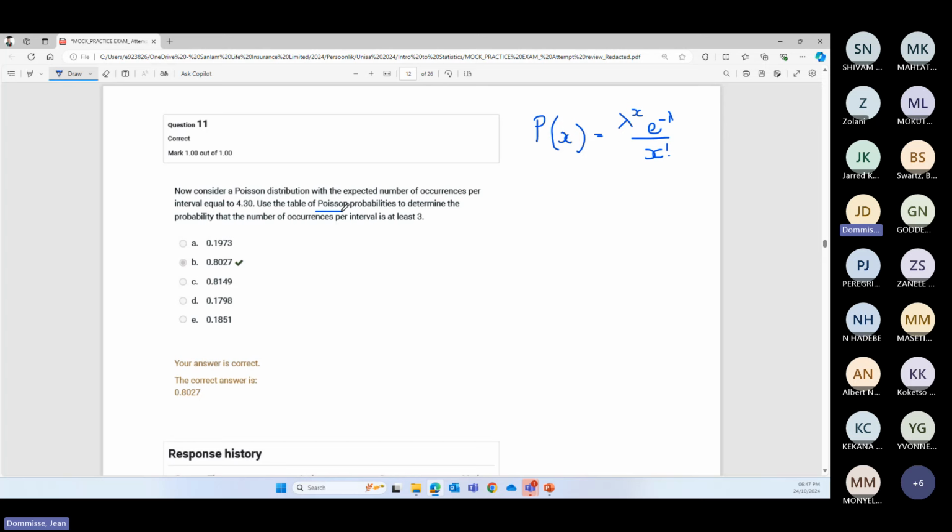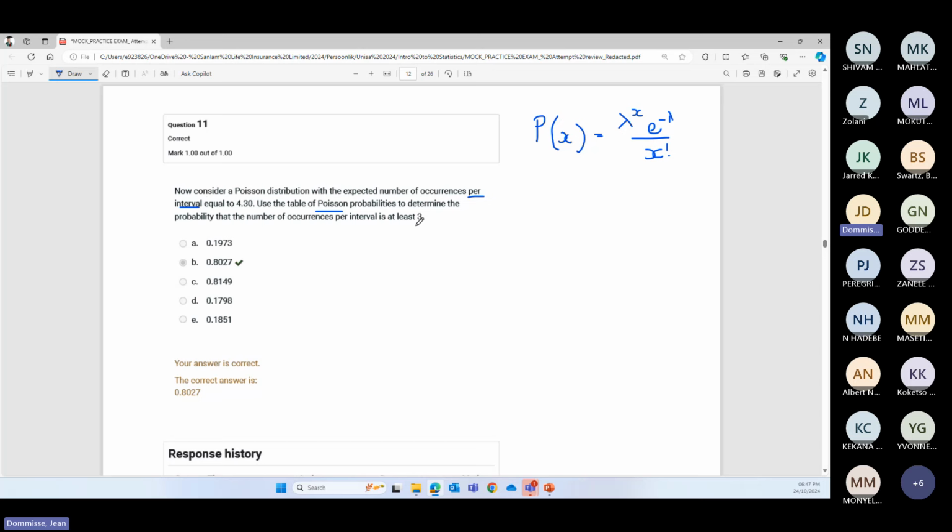some form of time. So now consider Poisson with the expected number of occurrences per interval. So that tells you it is happening a certain number of times. So they don't always need to tell you that you're dealing with a binomial, because they will always tell you it is a number of outcomes and something like that.